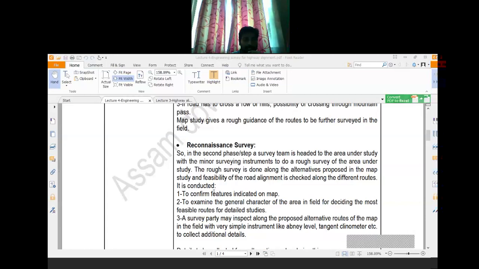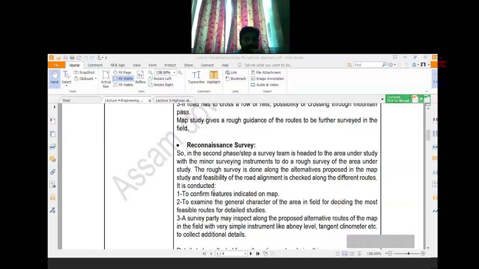This reconnaissance survey is very basic. There are some instruments like the dumpy level, clinometer, or compass. Such basic instruments are used for the reconnaissance survey.